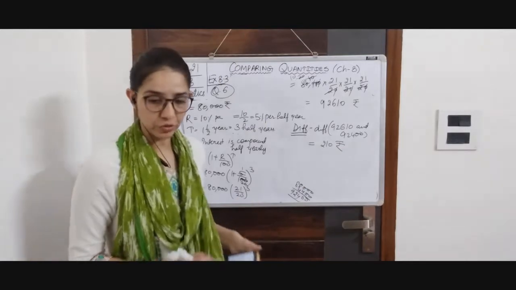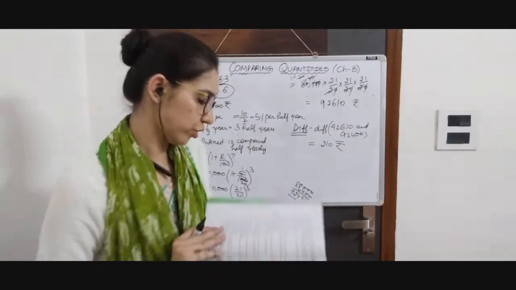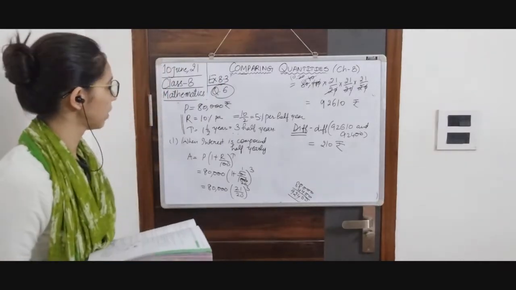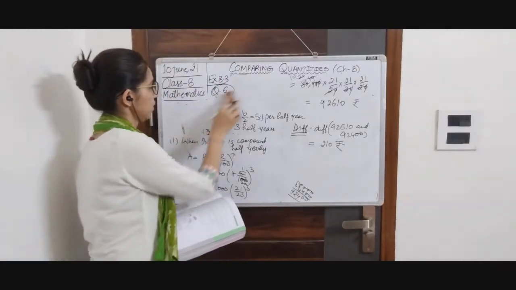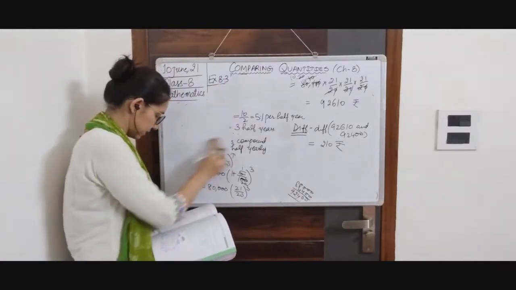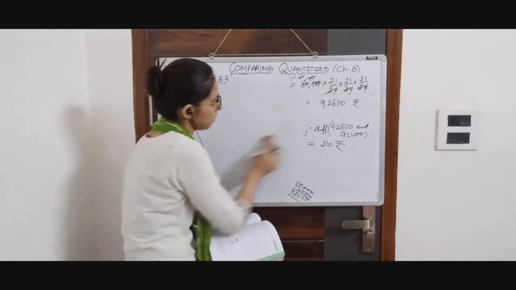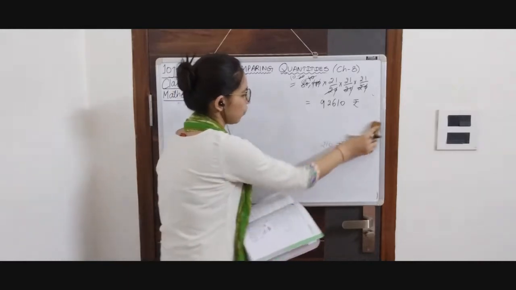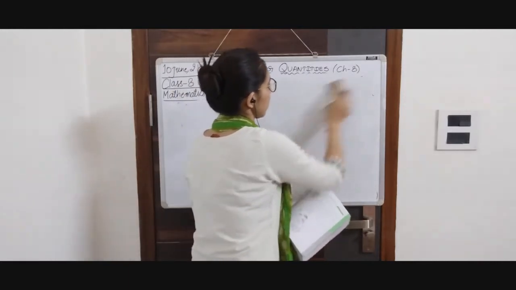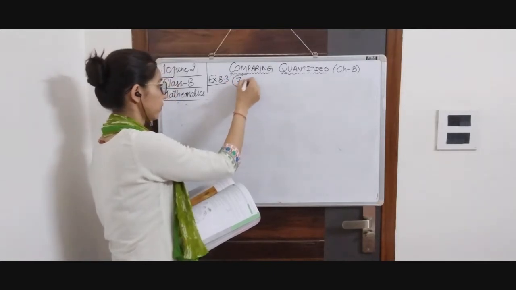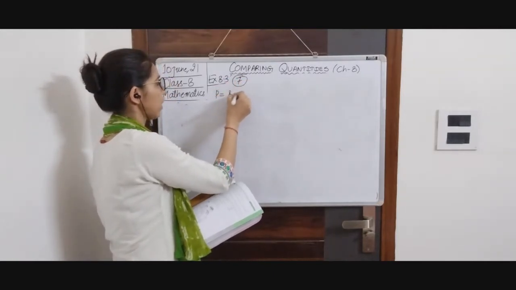Okay. Now next question. Question number 7 says that Maria invested 8,000 in business. It means P here is 8,000 rupees.